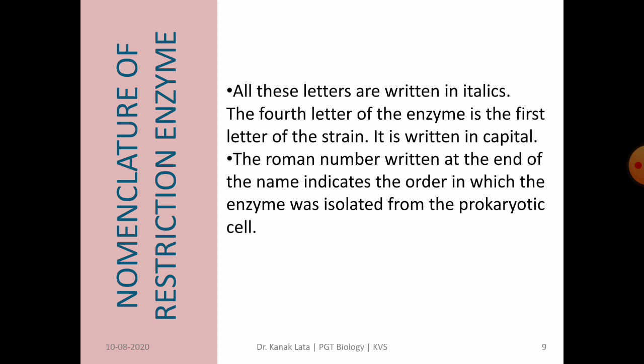At last, the Roman number written at the end of the name of the enzyme indicates the order in which the enzyme was isolated from the strain of the prokaryotic cell. This is also called the degree of isolation: which enzyme was isolated first from the strain of that prokaryotic cell.